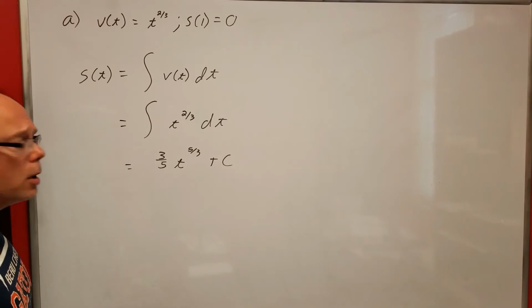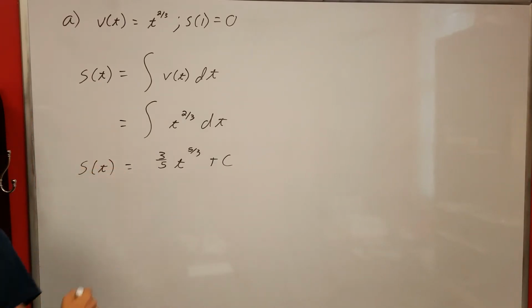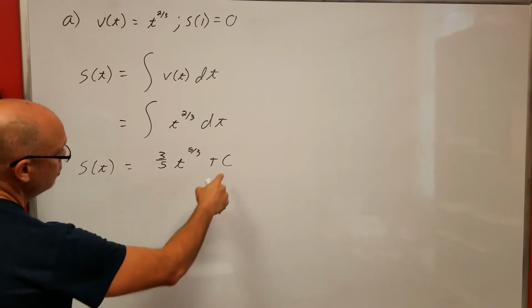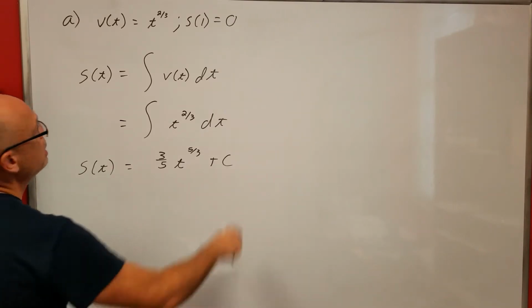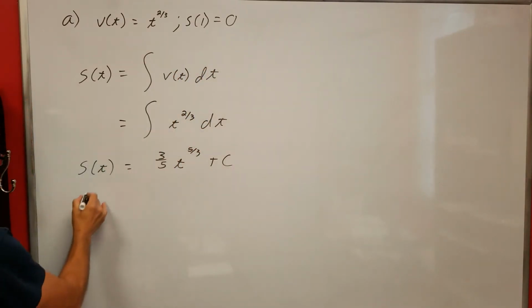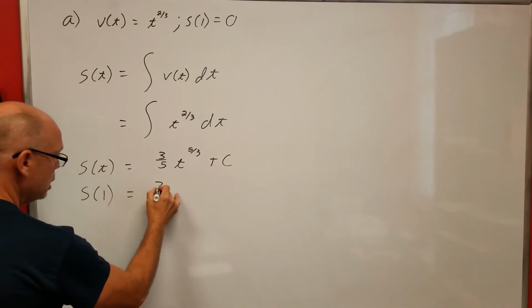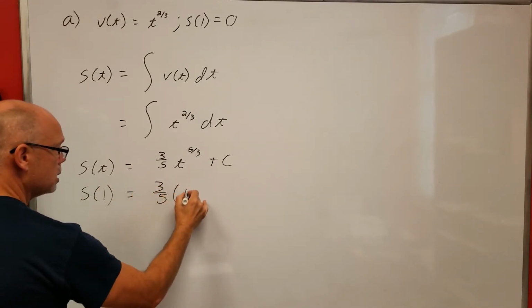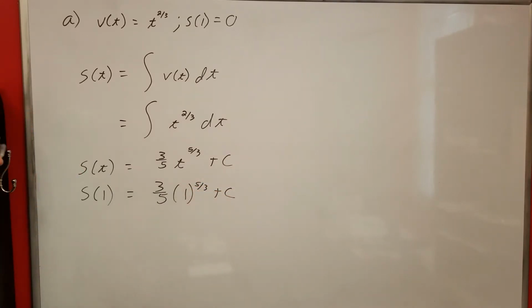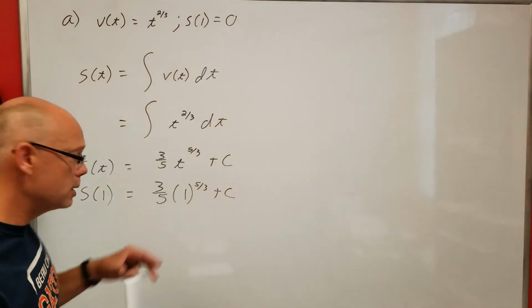All right, well, what do I know right here? Here's a function s of t for my position function with a constant c. But they tell us in this case that if I input 1 in the place of t, I should get out 0.